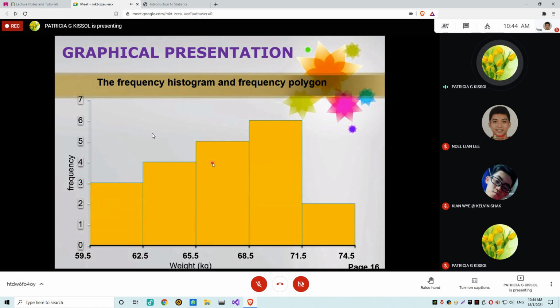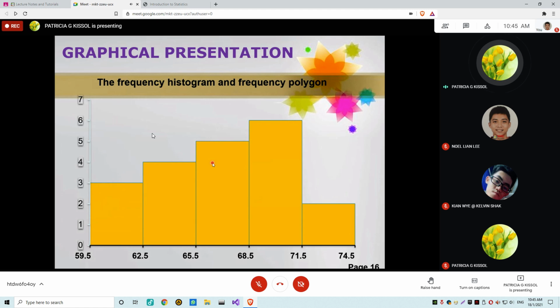But of course, the best graph is to draw it on one A4 size, maximize the graph. Because when you maximize the graph, the accuracy of your answer is very good. So don't draw your graph very small, because once you want to read the answer, it's very difficult to read. So this is just showing you the histogram.